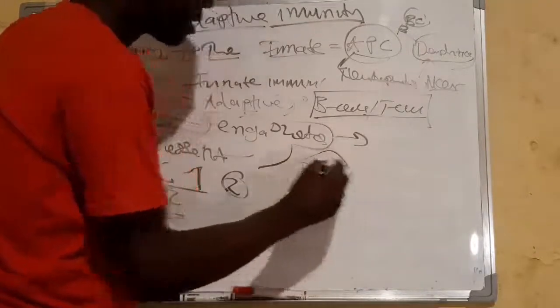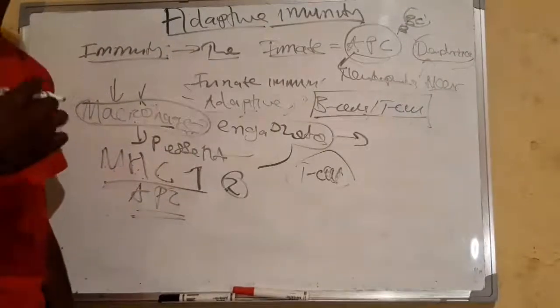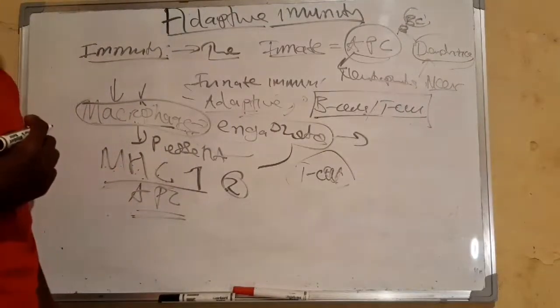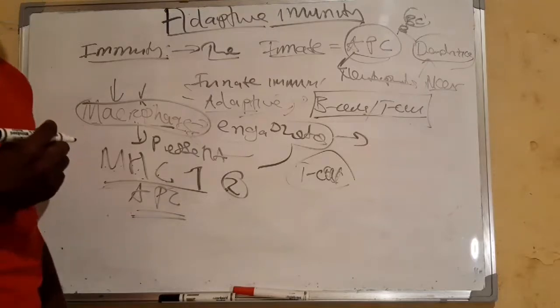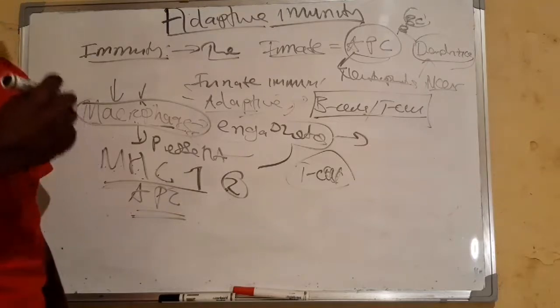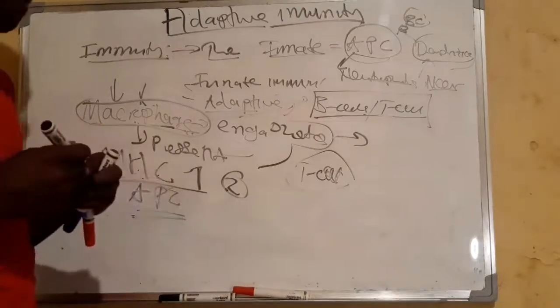So, T cells cannot become activated on their own, but can only become activated when the antigen is presented to them by the antigen presenting cell.